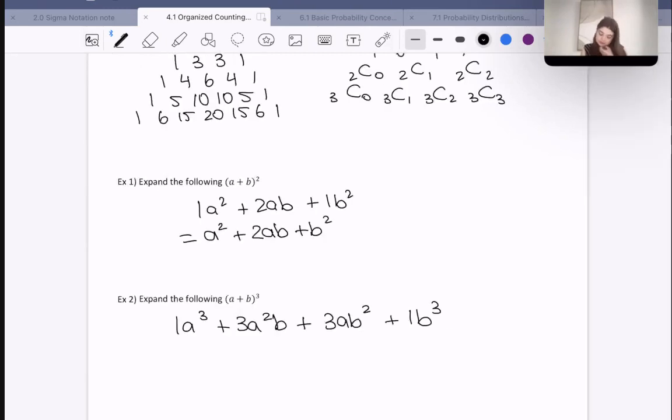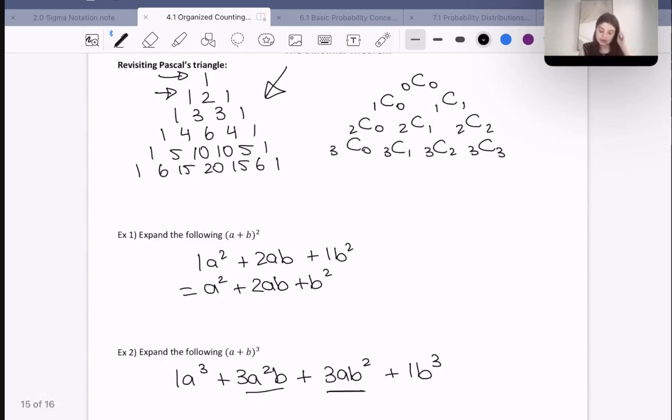So when it comes to cubing, what are our other combinations? Either we have a to the power of 1 or 2 and b to the power of 1 or 2, right? And so we have these two as our other terms, and they must be repeated 3 times because it says so here. Now, if we were to expand it the other way, the way we know, we would also get the same answer, but this is a shortcut, a shorthand way that we're able to do that.